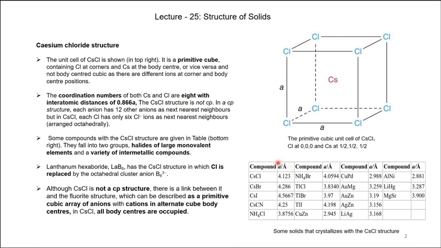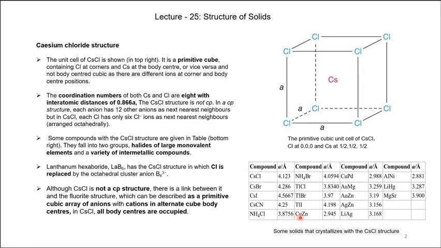And here are the cell parameters of those structures. Not only these, we have another group, a variety of compounds which we call intermetallic compounds, that belong to this type of structure.